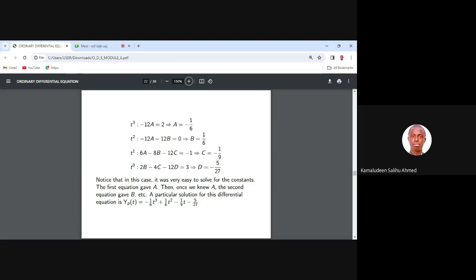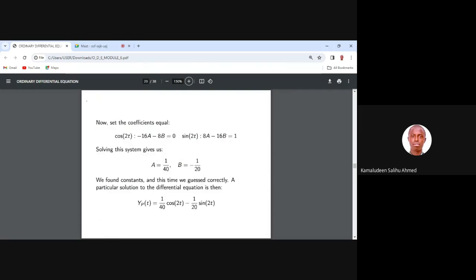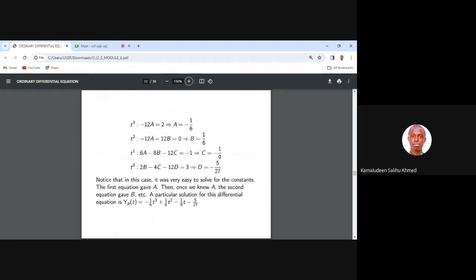So that is why we have to guess another thing. That is what made us use this y of t of a cos 2t plus b sine 2t, which gave us a value for all these values of our a, b, c, and d. When it can satisfy all these, that means we guessed right.